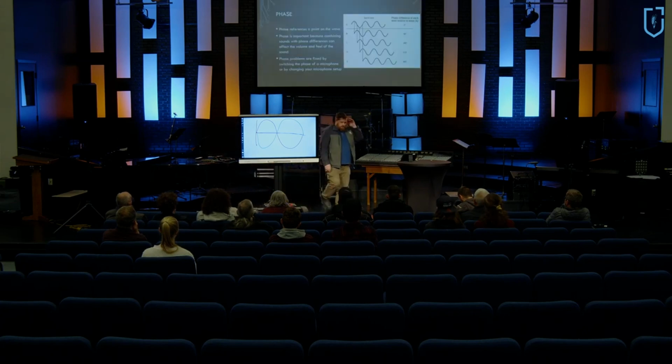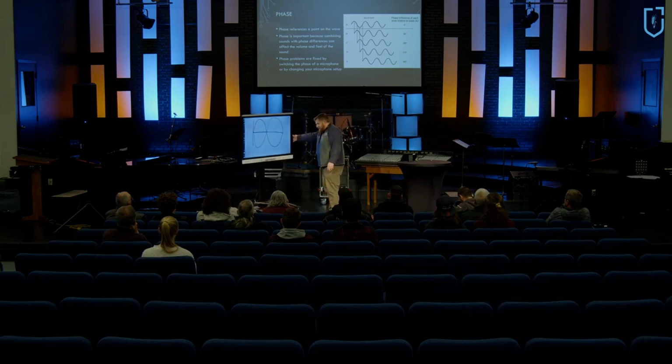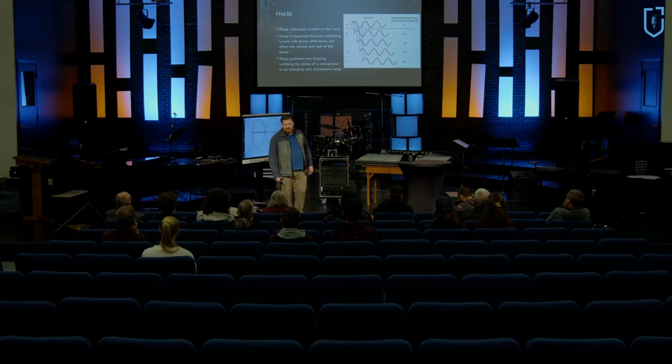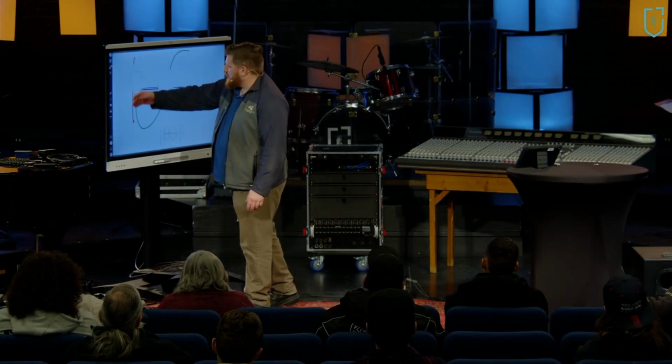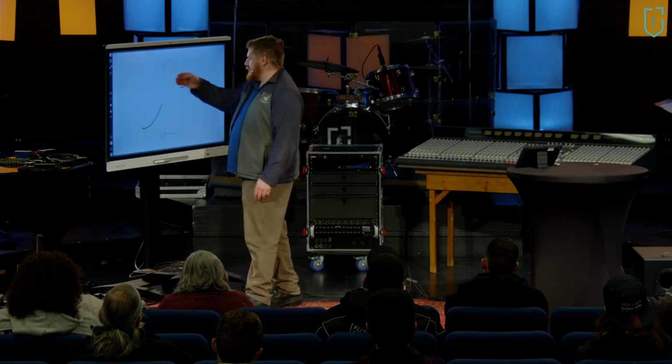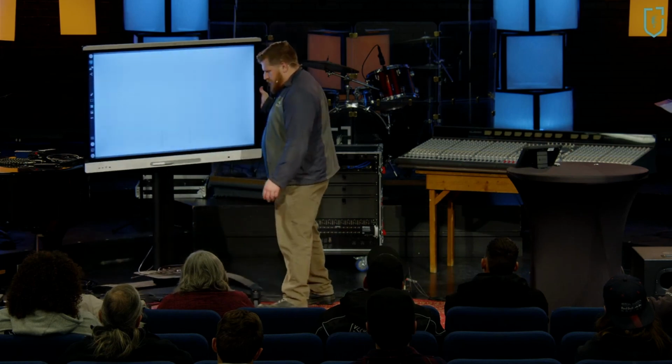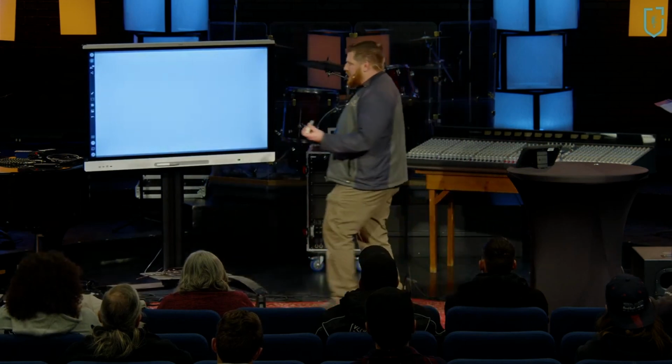The most likely place you'll run into that is on a snare drum. Generally, you mic the top and the bottom of your snare drum because you want to get, let me draw again, even though I'm really bad at drawing. So we have our snare drum.